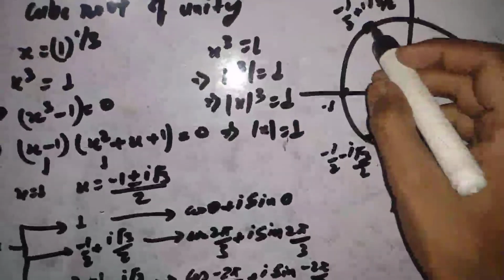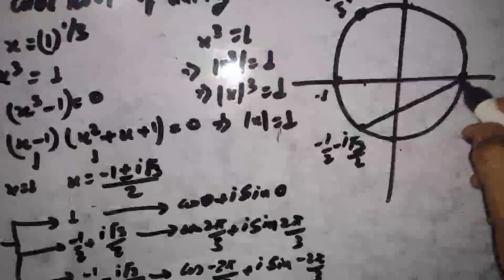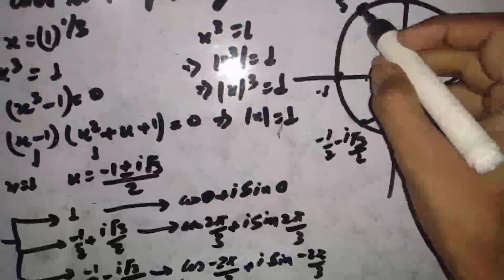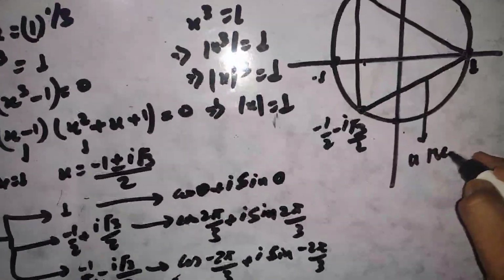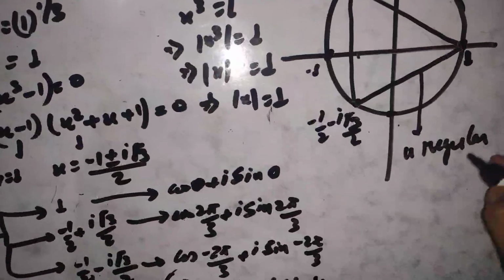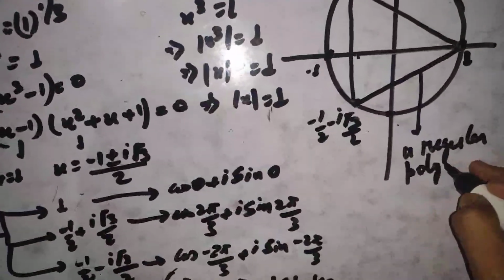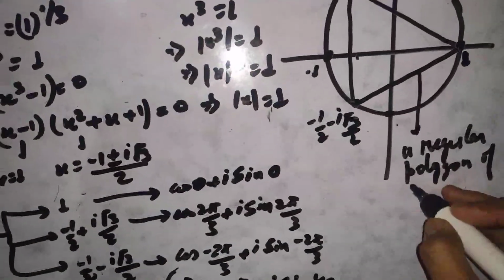So these are our three roots. And if we join these, we will see that we are getting a regular polygon of 3 sides.